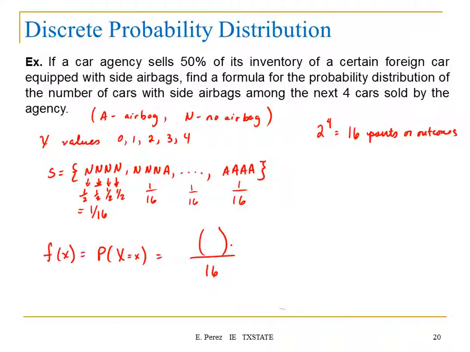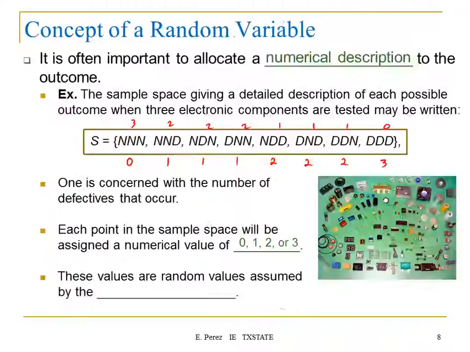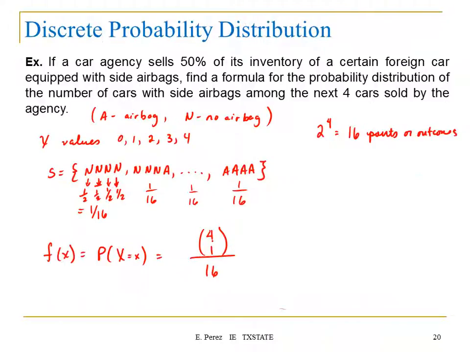For x equals 1, the number of combinations for selecting one out of the 4 is defined by choosing one out of 4.